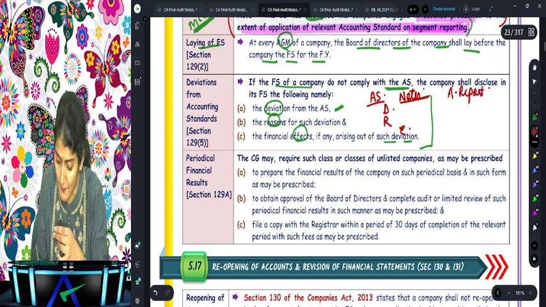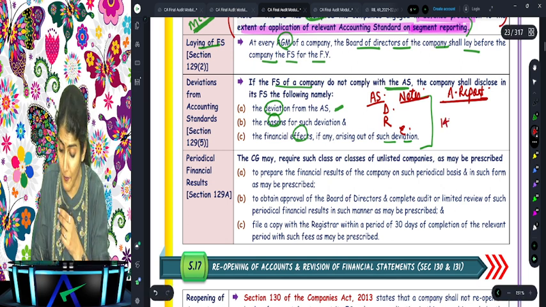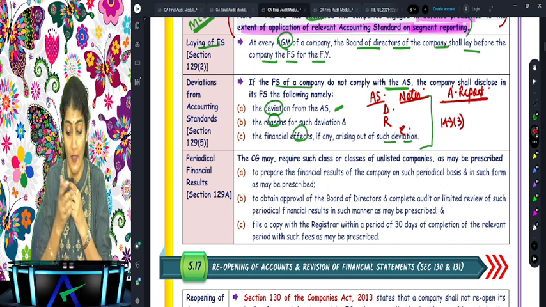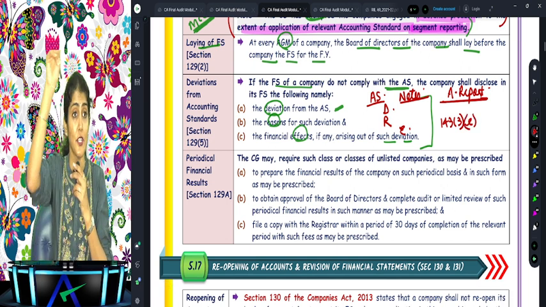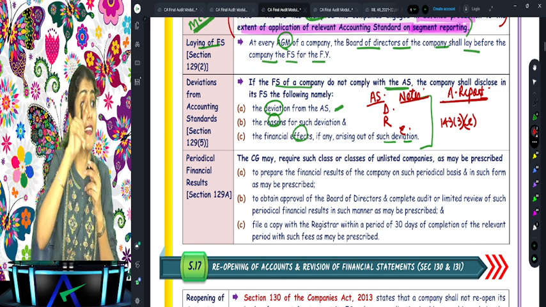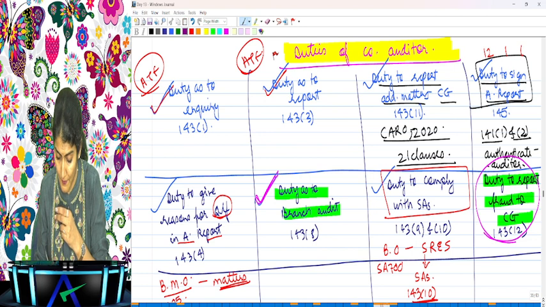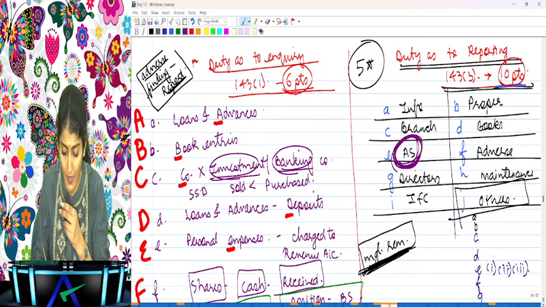If anybody is paying attention, where will the auditor mention in the audit report? 143(3)(e). Information proper, branch books, AS adverse: whether the financial statements comply with the accounting standards.